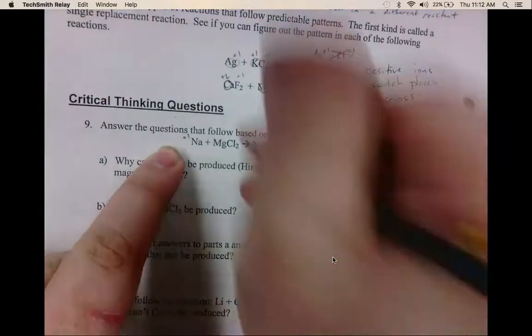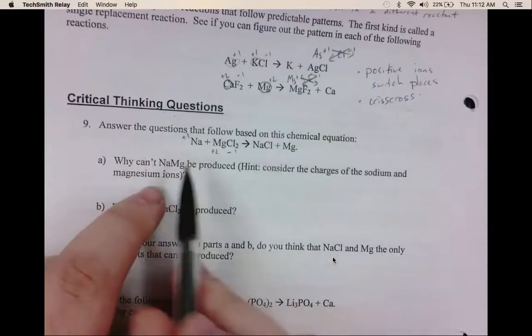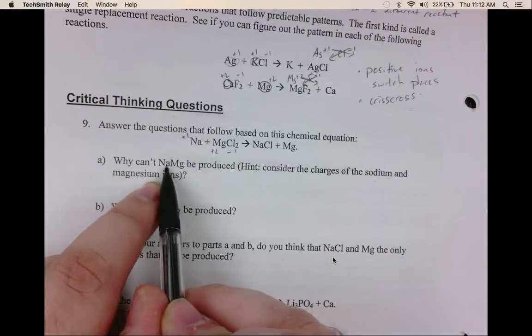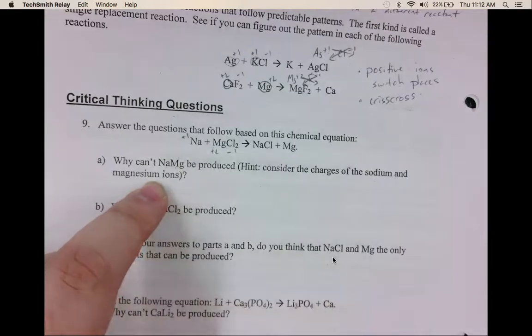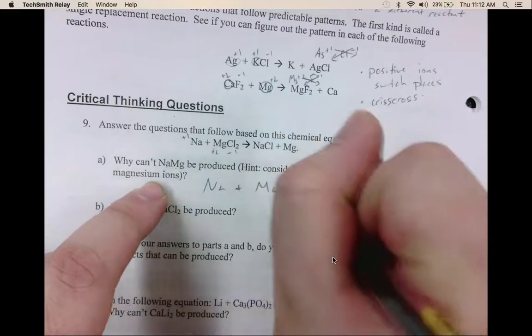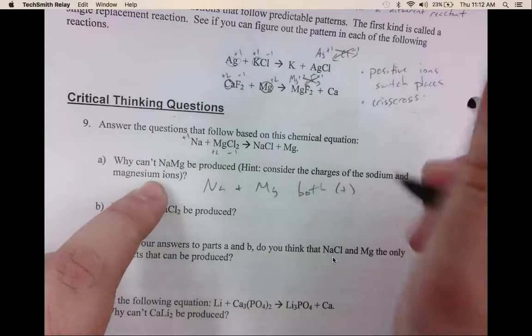Sodium has a +1 charge, magnesium +2, chlorine -1. Remember, I wrote that the positive ions switch places. So Na-Mg can't be produced because Na and Mg are the two atoms that need to be swapping places. They are both positive, so they both need to swap.